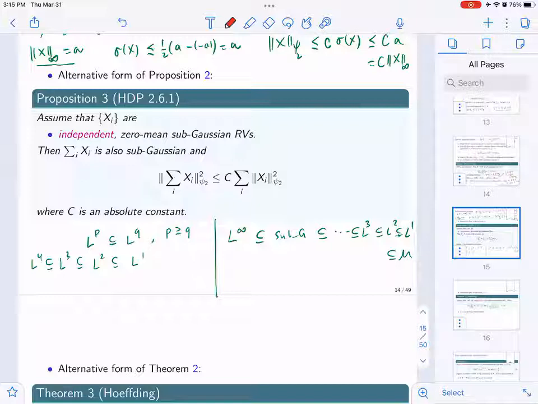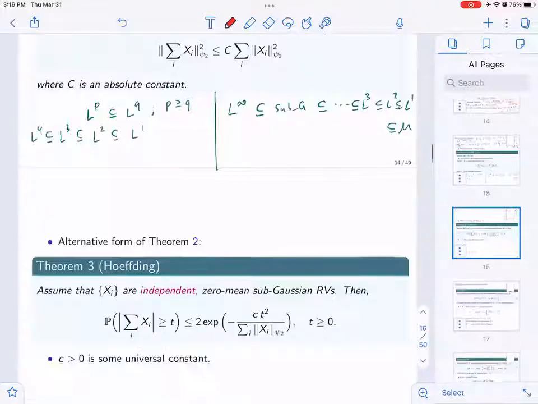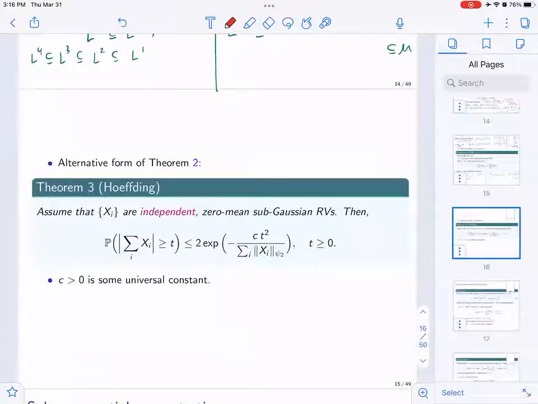That's a restatement of that fact, and a restatement of Hoeffding in terms of this, where instead of sigma i squared you get this. This is very useful because you can just play with the psi2 norms and use the properties of norms. You don't have to worry about much else.